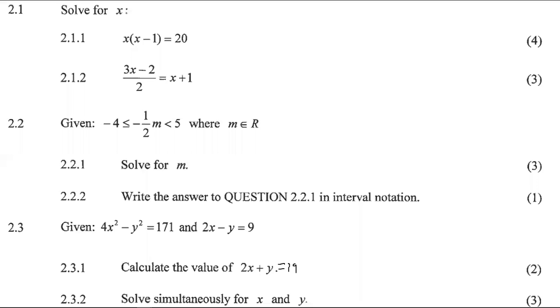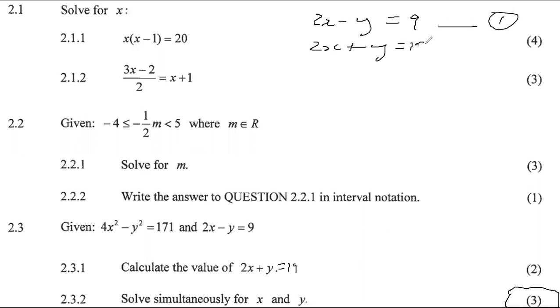So, of course, if you realize that this is 3 marks and it means you just don't really have to do a lot of work, you would have been quick to say, well, I've got 2 equations already in terms of y and x. This is 9, that's equation 1. The next one is the fact that 2x plus y is equal to 19, using the result that you've got previously.